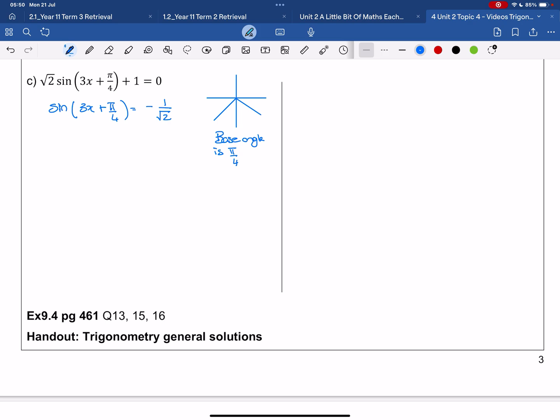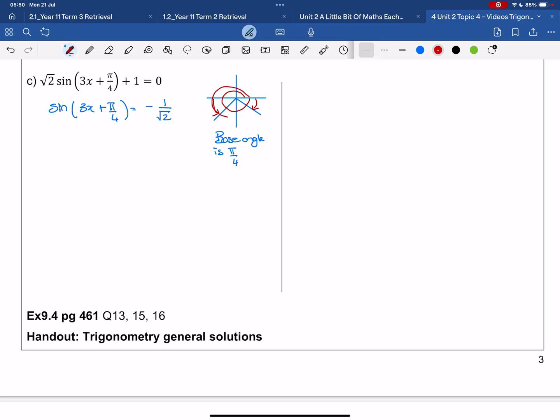So let's have a look when we go round and round. So we start at 0, and in our first revolution we're going to have pi plus pi on 4, and we're going to have 2 pi minus pi on 4.